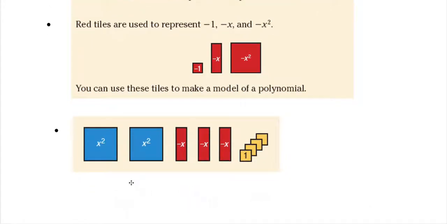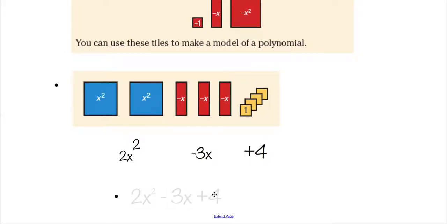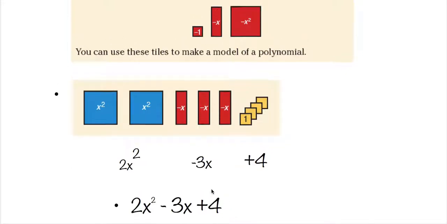So two x squared tiles is 2x squared, three negative x tiles is negative 3x, and four unit tiles is positive 4. Simply combine all of them together, and you end up with 2x squared minus 3x plus 4. So your algebra tiles basically model your polynomial. In this case, 2x squared minus 3x plus 4 is what is being modeled in the algebra tiles right here.